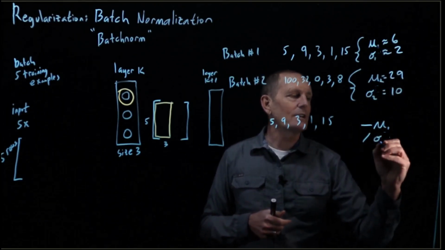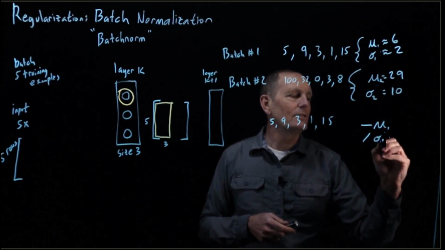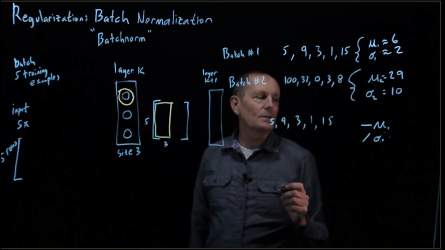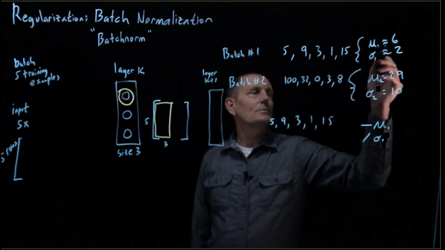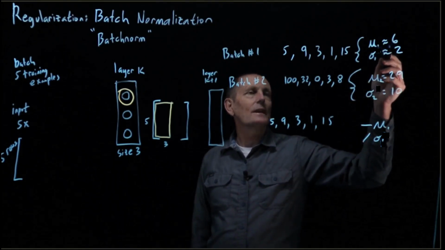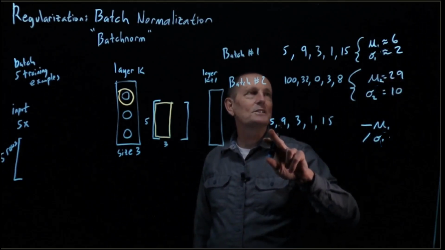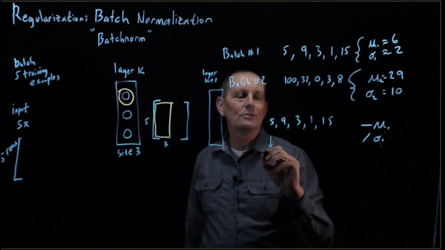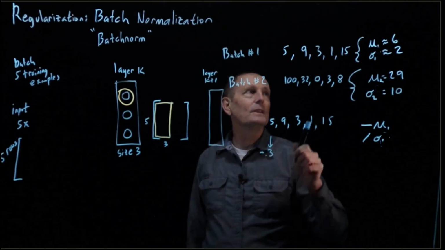So we subtract mu sub 1 and divide by sigma sub 1. The mean is 6, and therefore 5 is less than 1 standard deviation below 6. So this would get converted to maybe negative 0.3, I'm just making up 0.3.